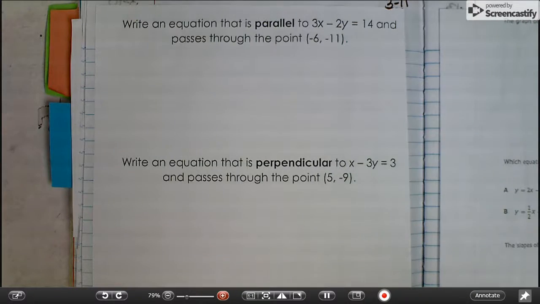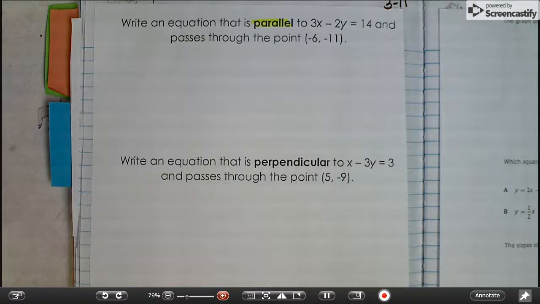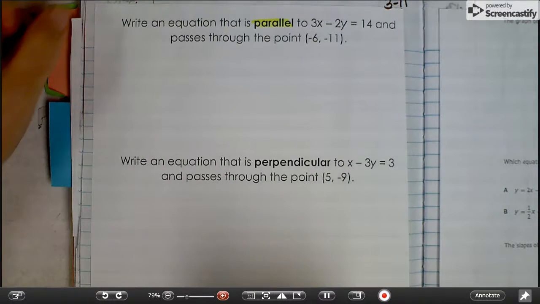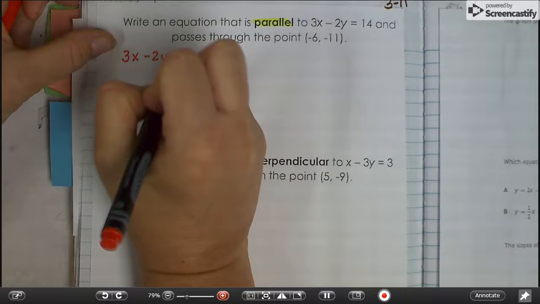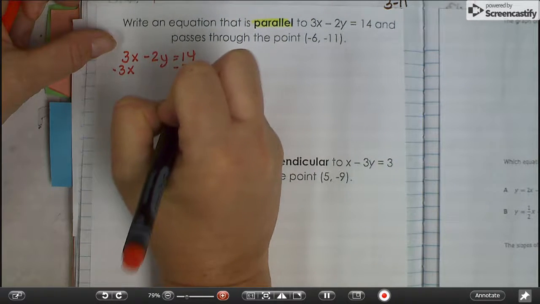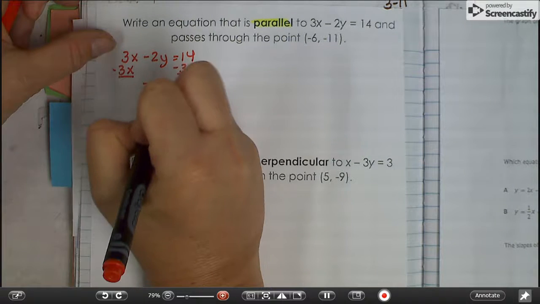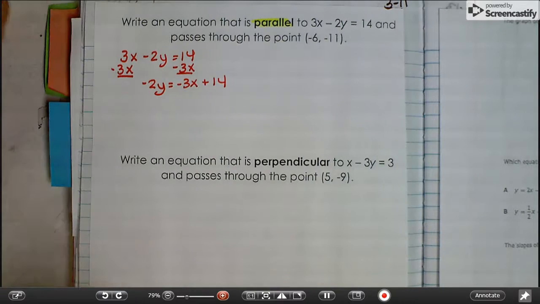Make sure you're reading carefully. It says write the equation that is parallel to 3x minus 2y equals 14 and passes through a point. So first step would be to solve for y. All right.